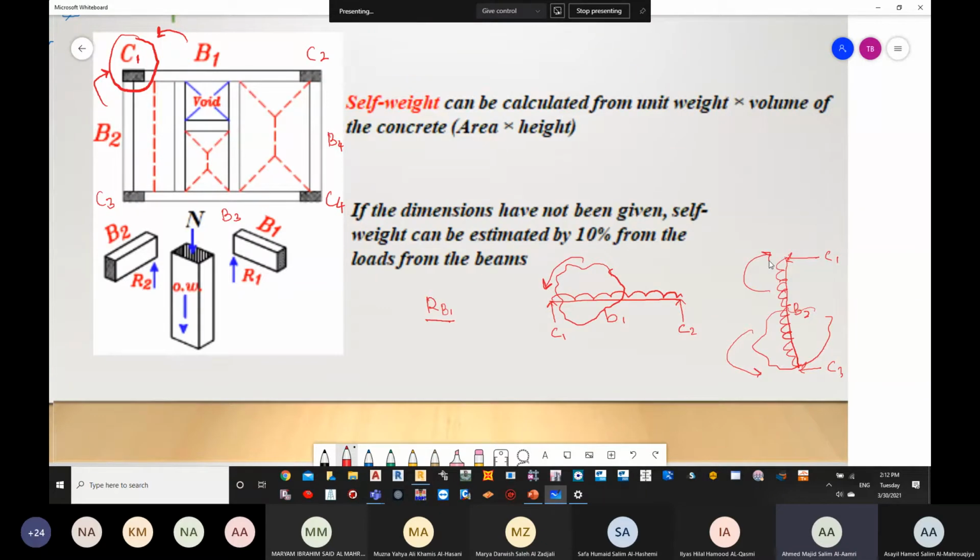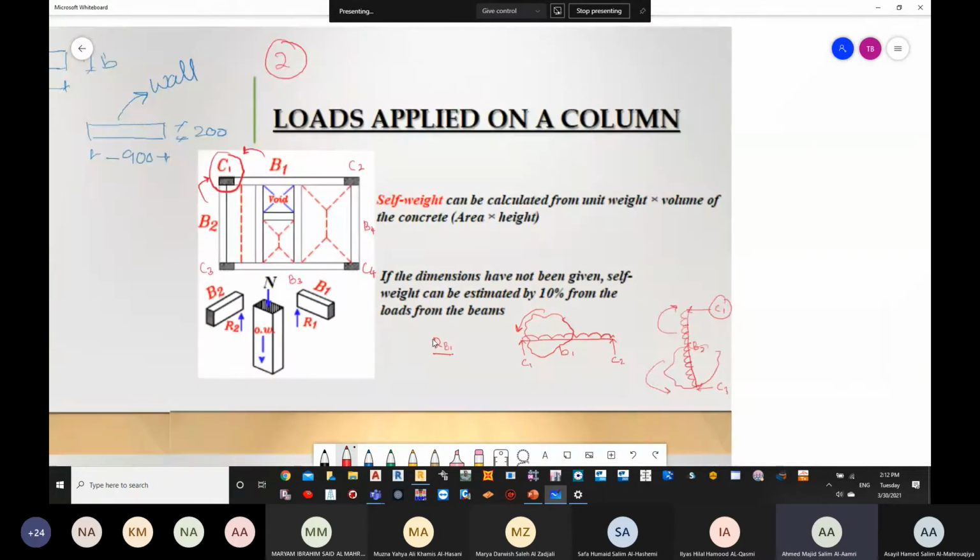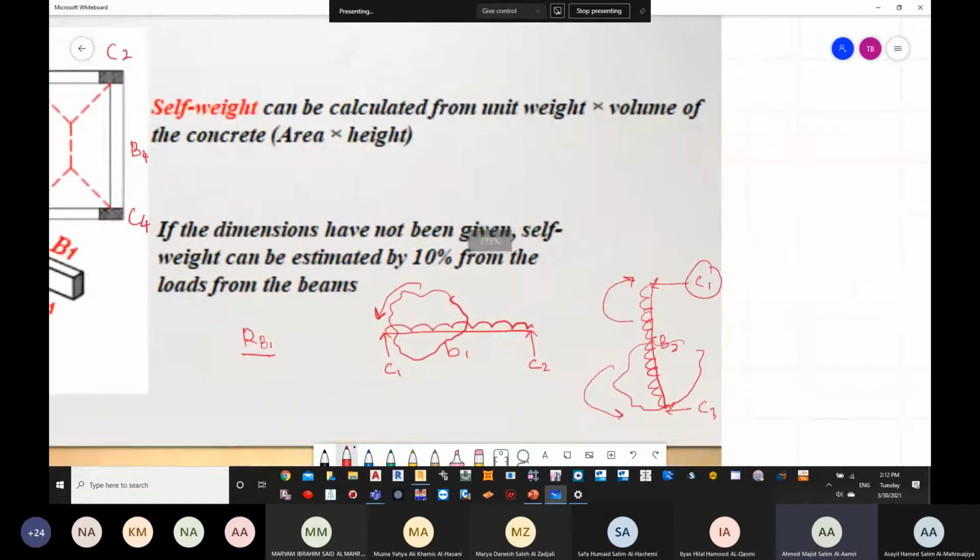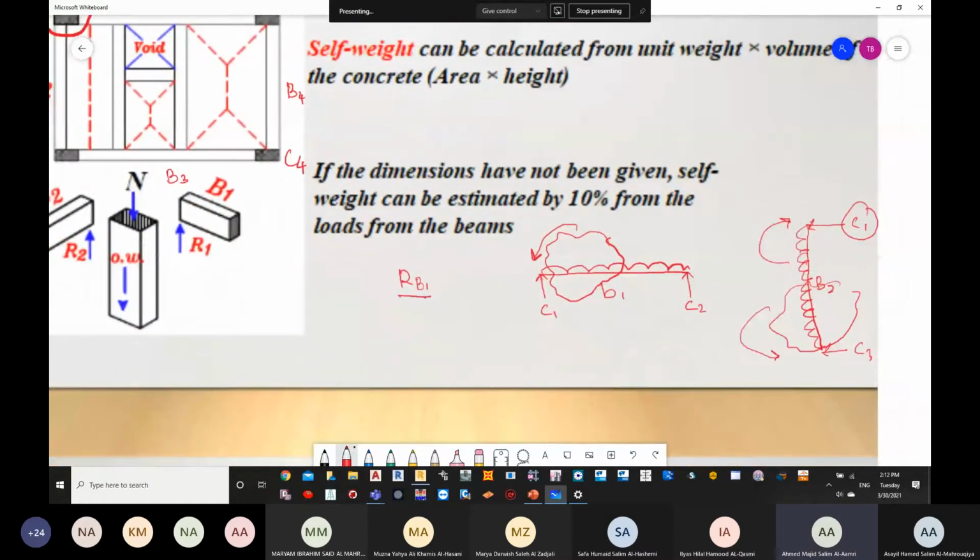So I can say as well, C number 1 is taking the reaction of beam 2. So the first load is going to be the reaction of B1, second is going to be the reaction of B2.